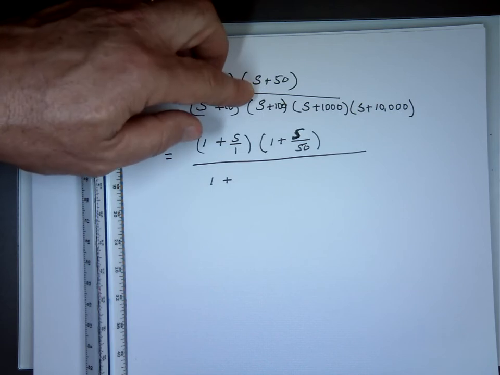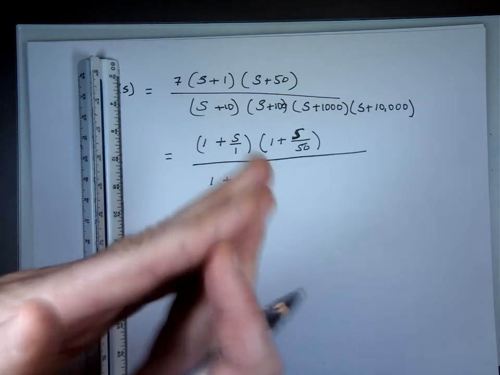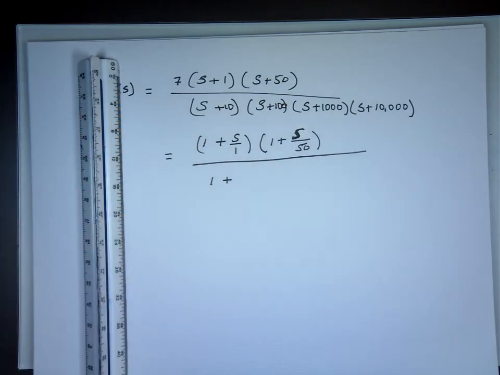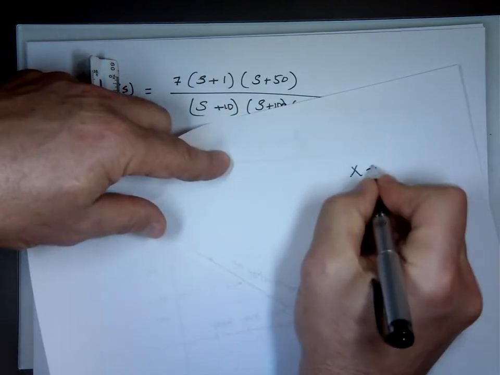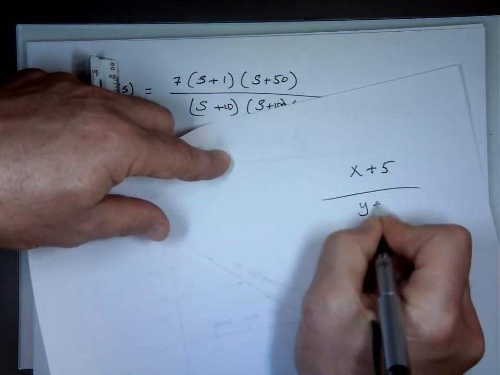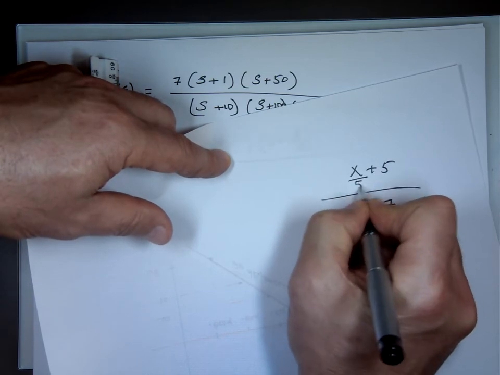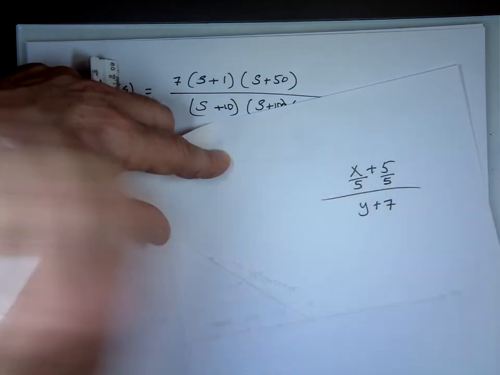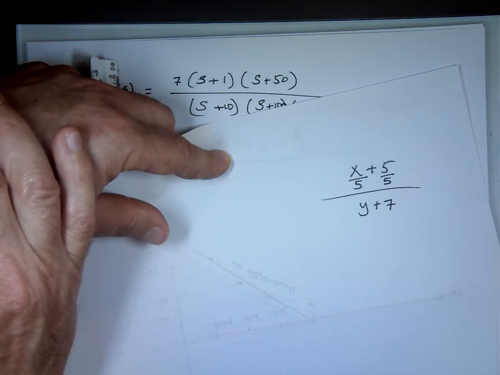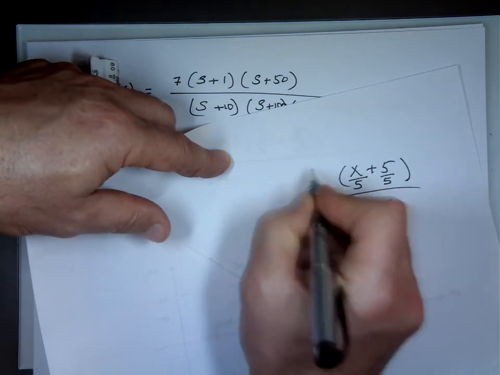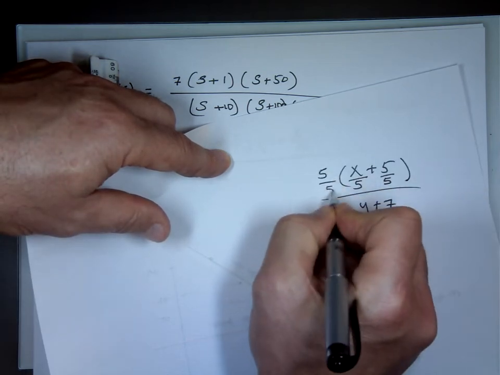Well, if you look at the top of a fraction, and you go, you know what, I'm feeling like dividing everything by 5 here. You can't just do that, right? What you can do is multiply this by 5 over 5. That's a 1.